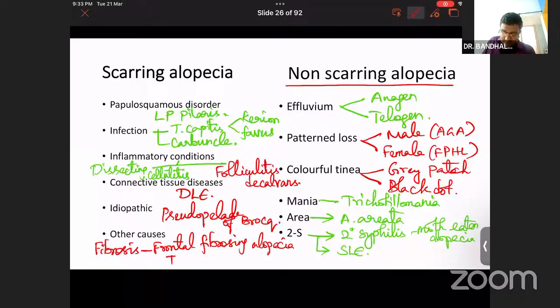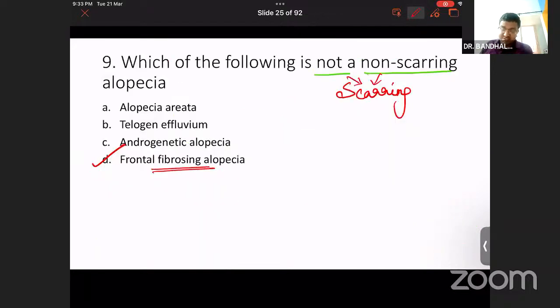Apart from that, trauma and burns can lead to scarring alopecia, right? If you remember non-scarring, you can answer this question also. So you can rule out: areata is non-scarring, so it is out. All effluvia are non-scarring, which is out. All pattern hair loss are non-scarring, which is out. So the answer here is frontal fibrosing alopecia.